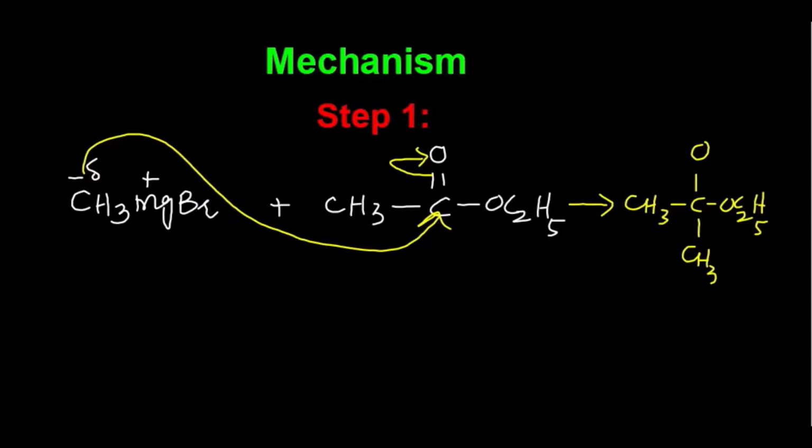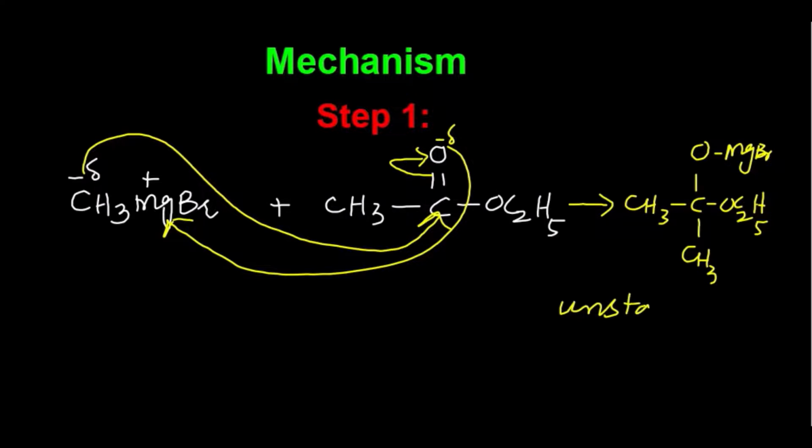And the oxygen, which is partial negative when pi electron density shifts onto it, will attack this magnesium and form a sigma bond with it. So here we have magnesium bromide. This is the first step of the mechanism. Here in this first step, we get the unstable intermediate.